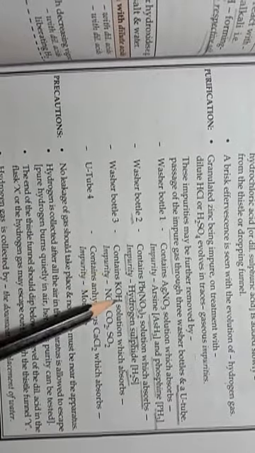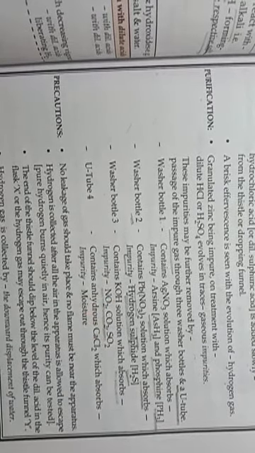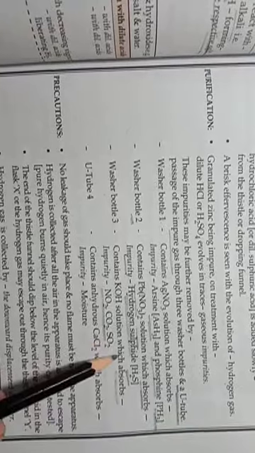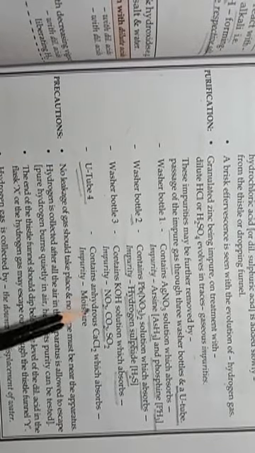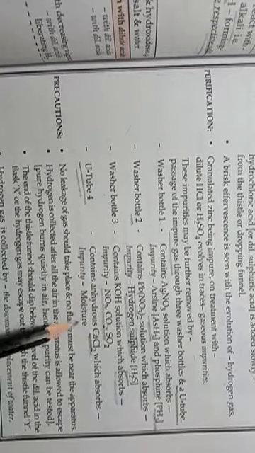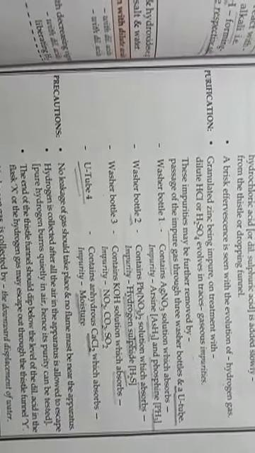Then washer bottle 3 contains KOH solution, which absorbs impurities of NO2, CO2 and SO2 gas. U tube 4th contains anhydrous calcium chloride, which absorbs moisture.